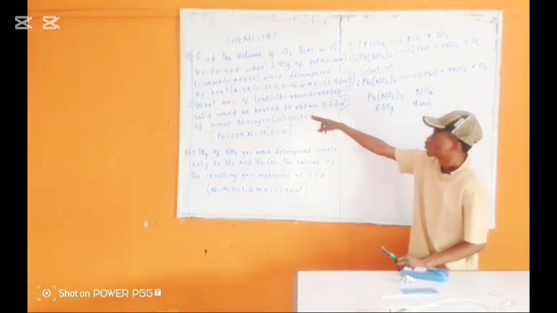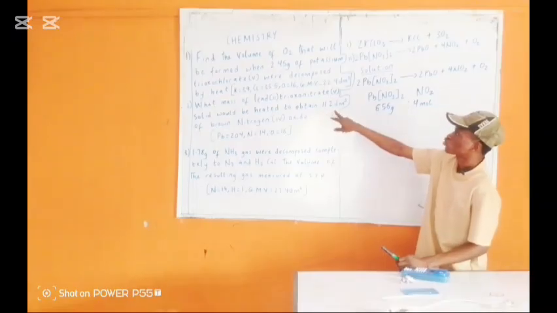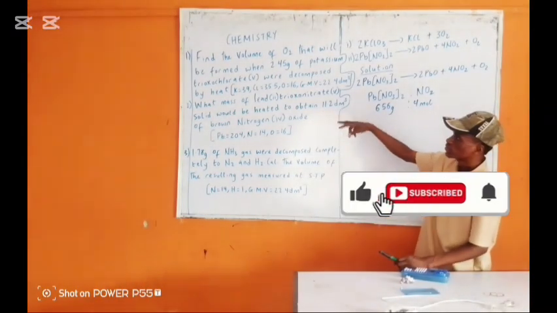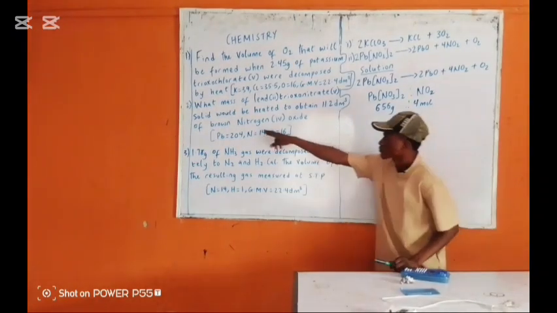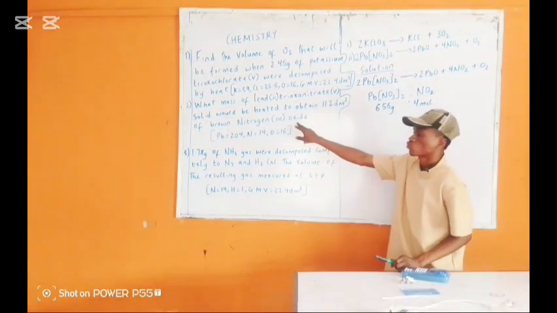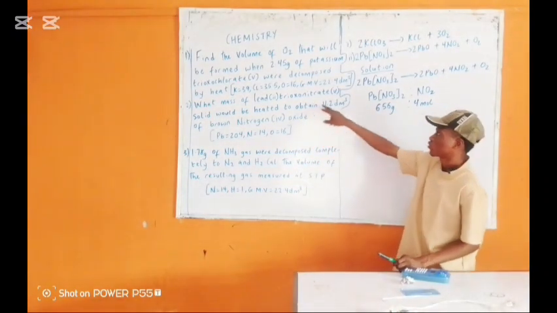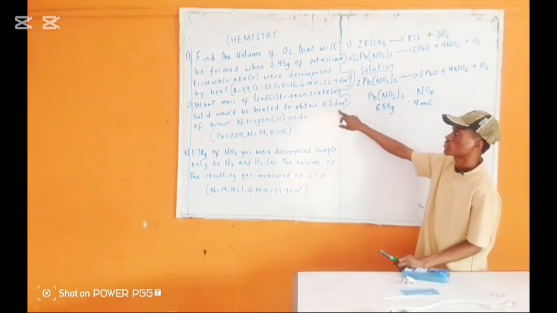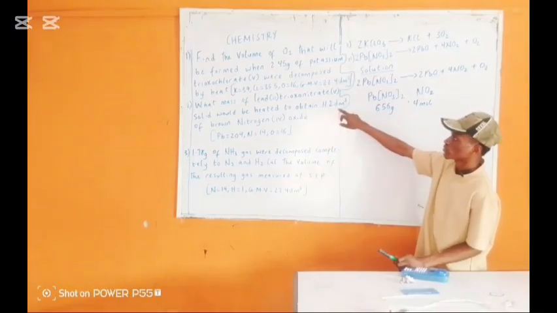Would be heated to obtain 11.2 dm cube. So what happened here? We are converting nitrogen 4 oxide to a value of dm cube, and that is volume. Volume is measured in dm cube.